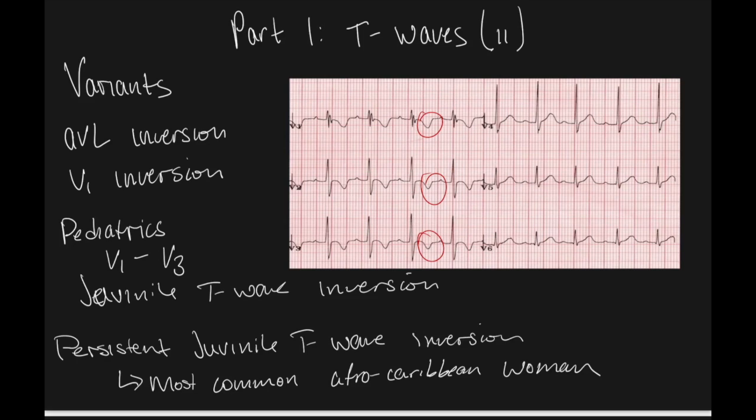So if we have a male of European descent and we see V1 through V3 T wave inversions, it would be relatively uncommon for him to have persistent juvenile T wave inversions.